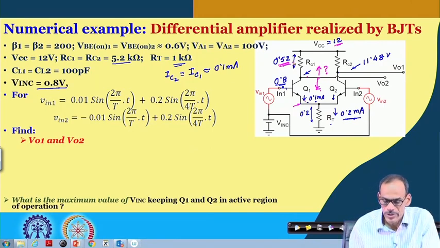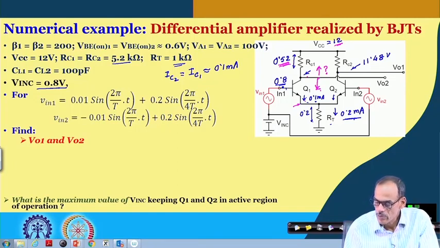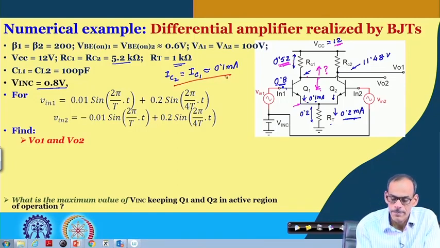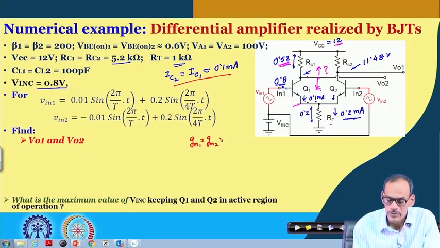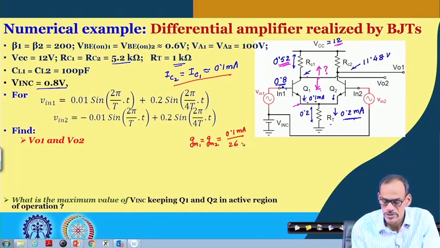The second problem is with this value of IC. Gm1 and Gm2 are now 0.1 milliampere divided by 26 millivolt. So, that is equal to 1 by 260 mho.